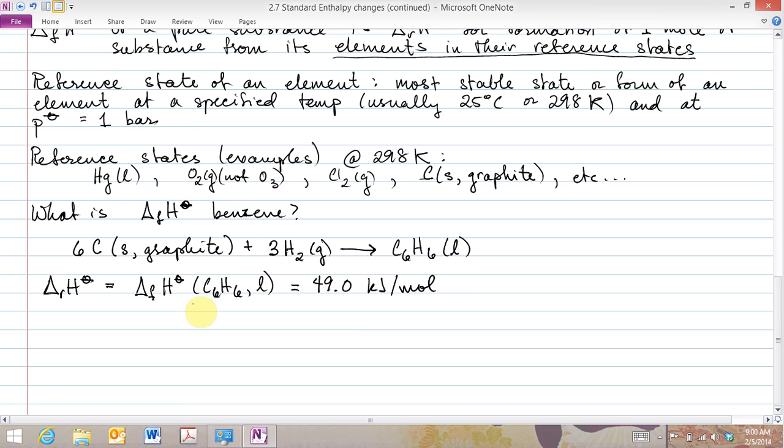Now, benzene is not an element, even though it's in its most stable state. Therefore, it has an enthalpy of formation that is not 0. But the enthalpy of formation of elements in their reference states is 0.